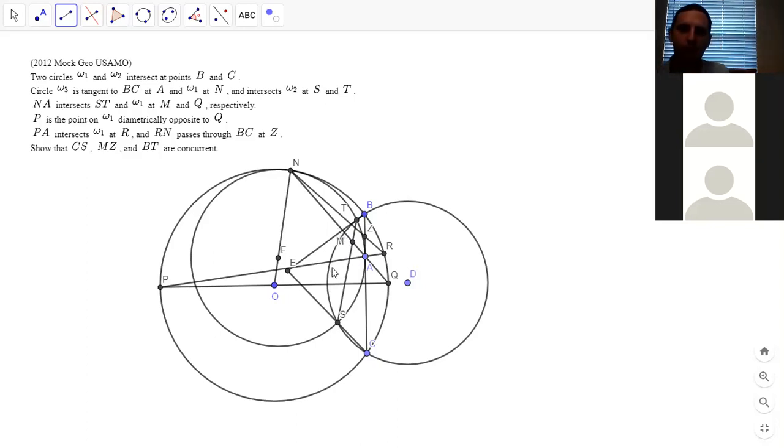Hmm. So we could try to use Pascal's, we could try to use Pappus. We could try to use radical axis theorem.